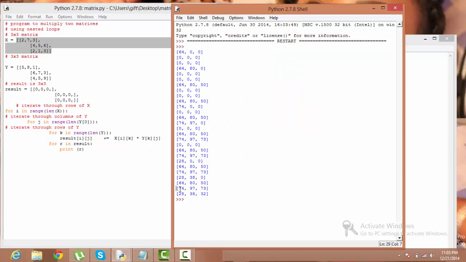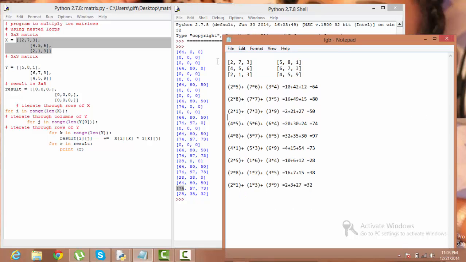So that's how we got the 74 here. The same thing again and again. This row multiplied by the second column, 8, 7 and 5, and that's how you keep getting your answers.